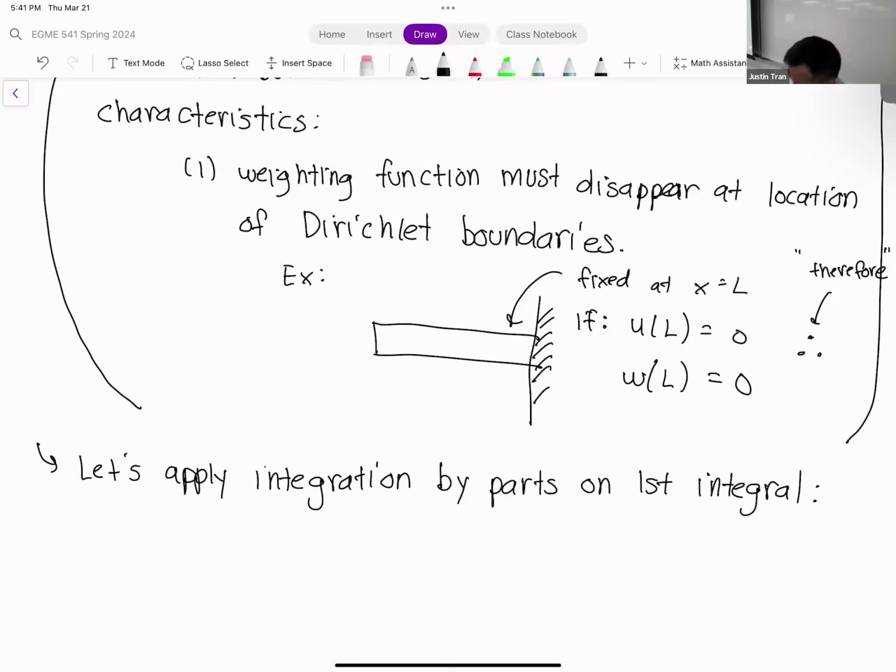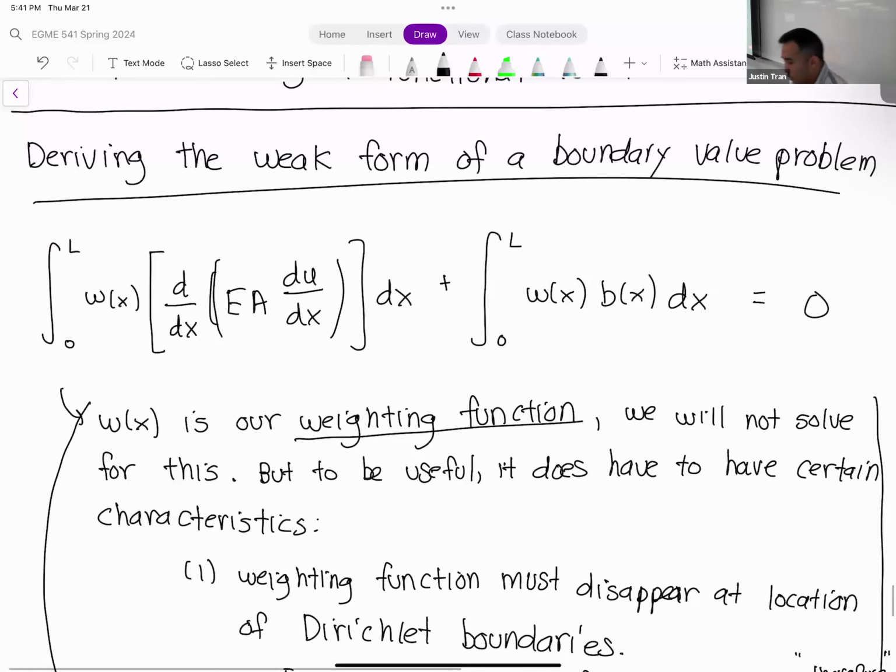If you notice, back in our form here, we have 2 integrals, right? We have the first integral, the one which has all the derivatives, and the second integral, which involves the body force term. The second integral, we're mostly going to leave alone for now, so we don't really need to do anything here.